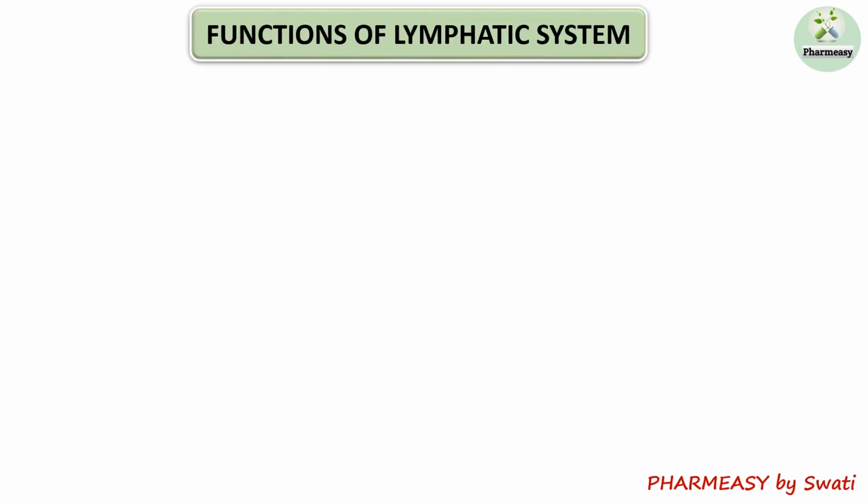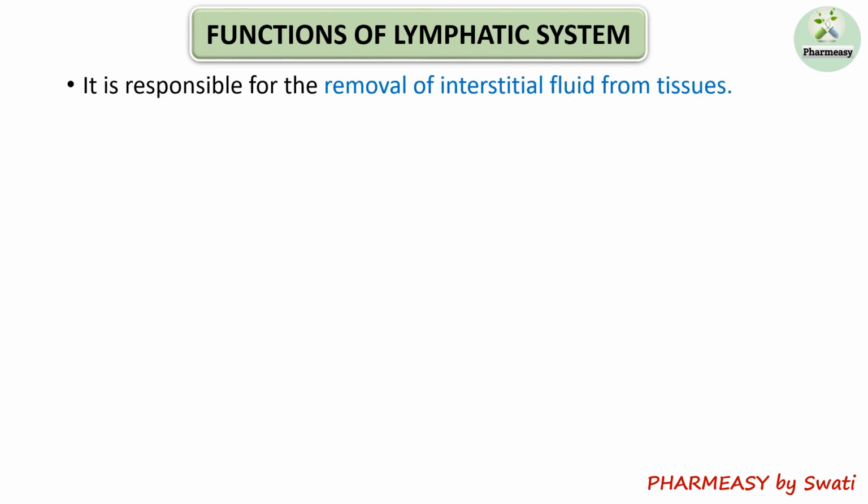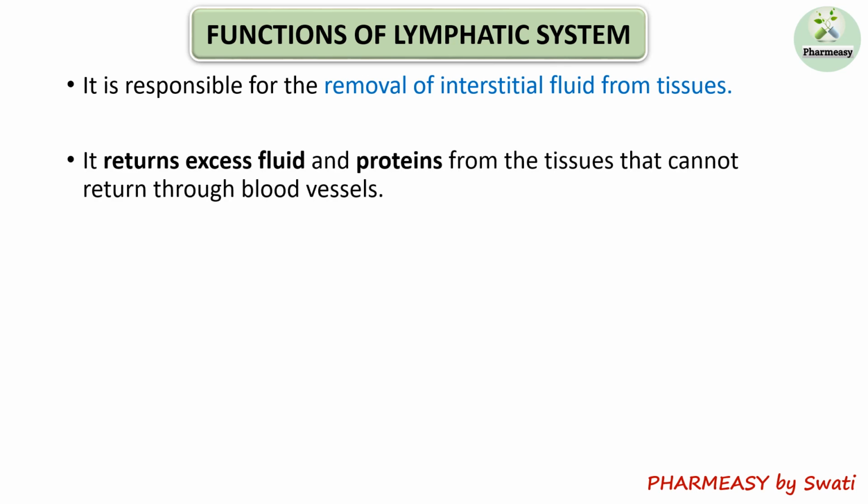Now, our last topic is functions of lymphatic system. Lymphatic system is responsible for the removal of interstitial fluid from tissues. It returns excess fluid and proteins from the tissues that cannot return through blood vessels.